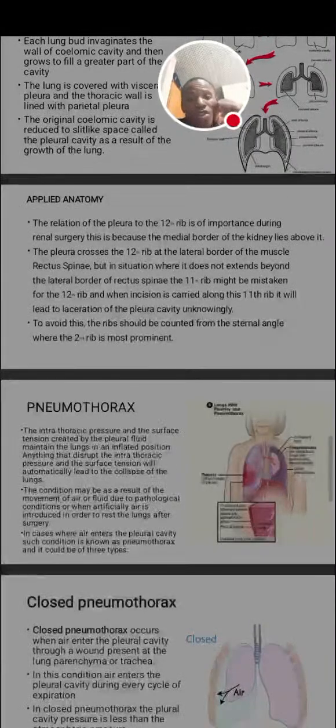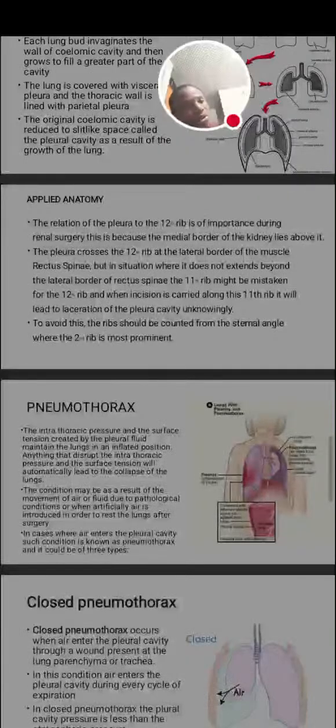If the pleura does not extend beyond erector spinae, the 11th rib might be mistaken. So what do you do? You count your ribs from the second rib, because it's most prominent.